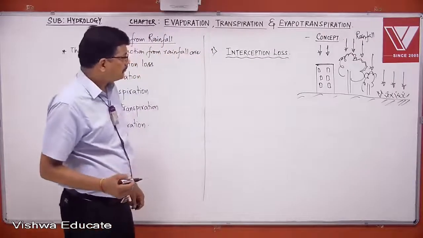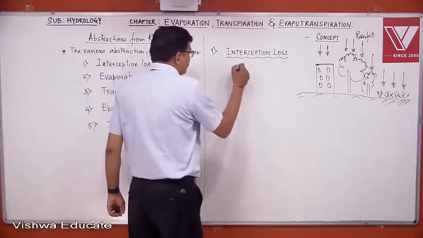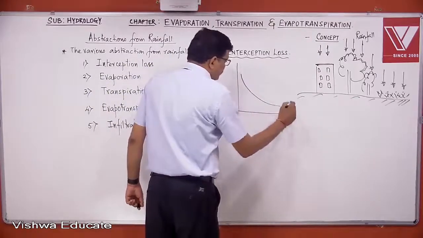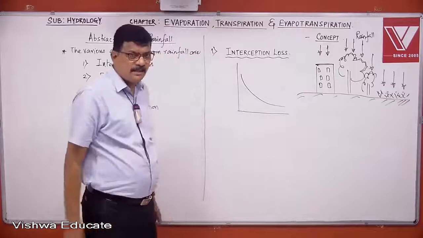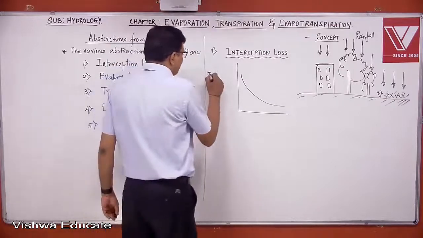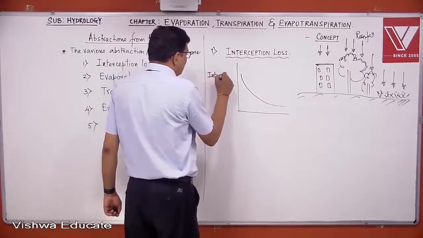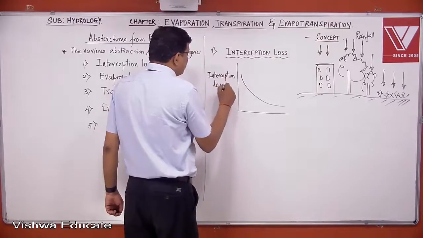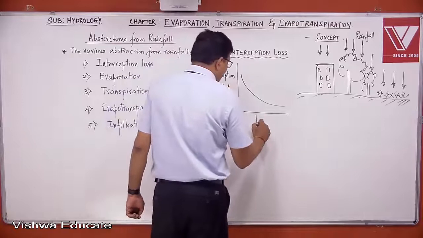Okay, you can see the plot also. It's an asymptotic curve between interception loss versus time.